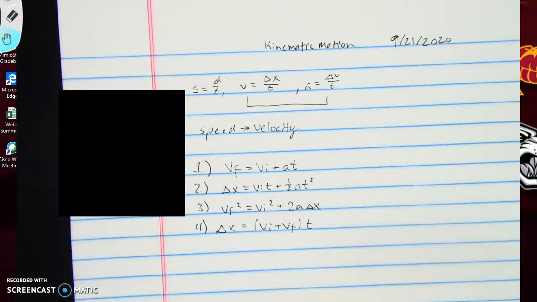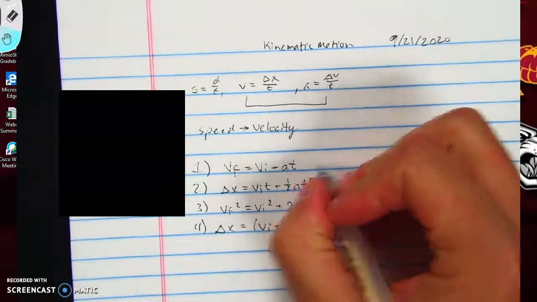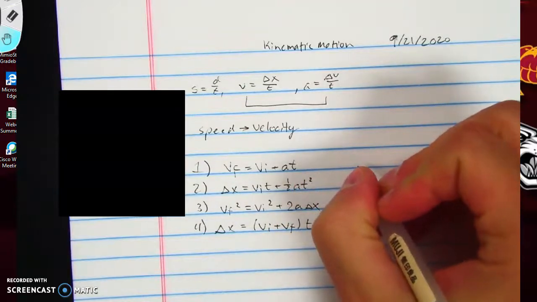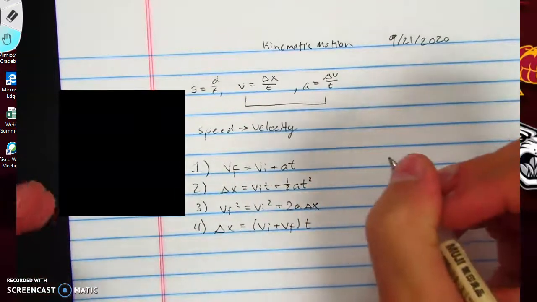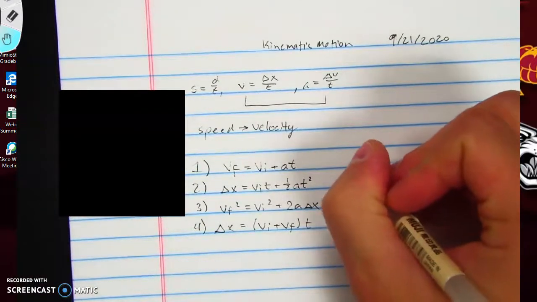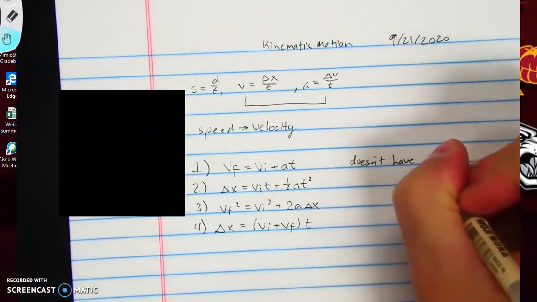Each of these equations has a marker to say if it's useful or not. What I mean by that is, if we take a look at the very first equation, what's one thing it doesn't have? It doesn't have displacement, delta x.